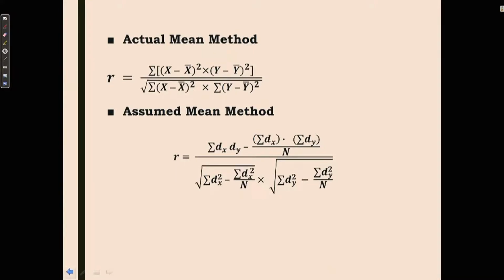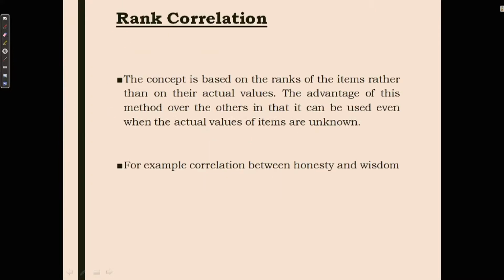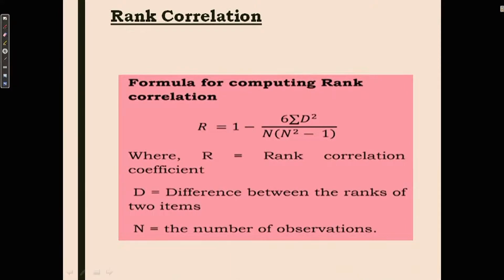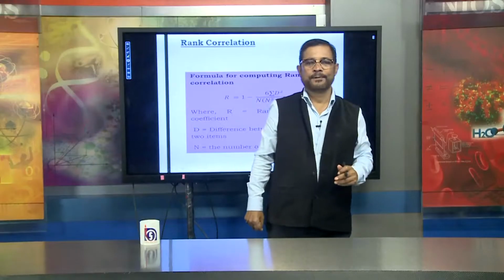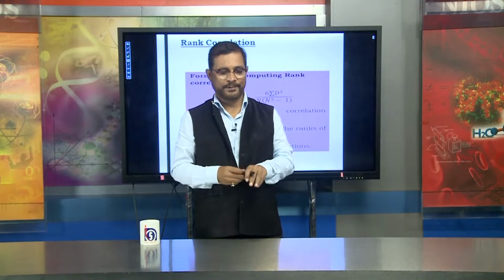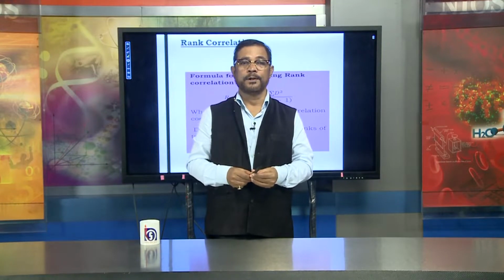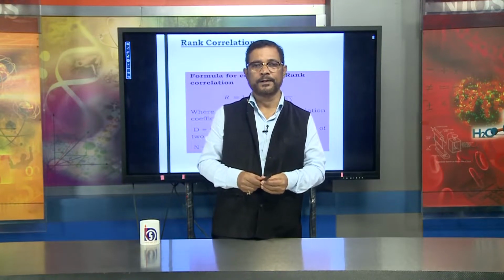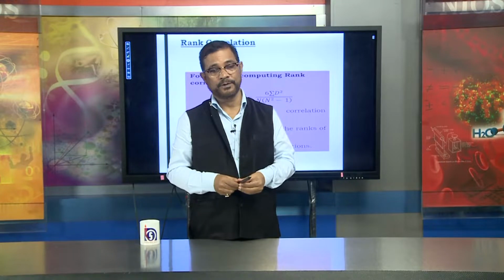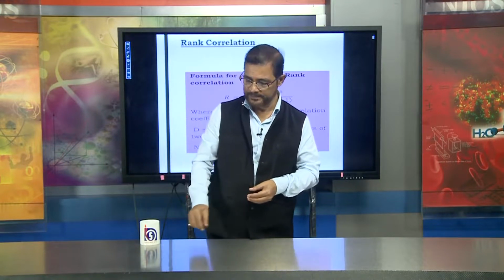Actual mean method, assumed mean method, okay, rank correlation, and furthermore. Clear? So let us finish today's program, and I hope you will practice and find a better opportunity to understand and learn the concept and interpretation of correlation. Okay, all the best.